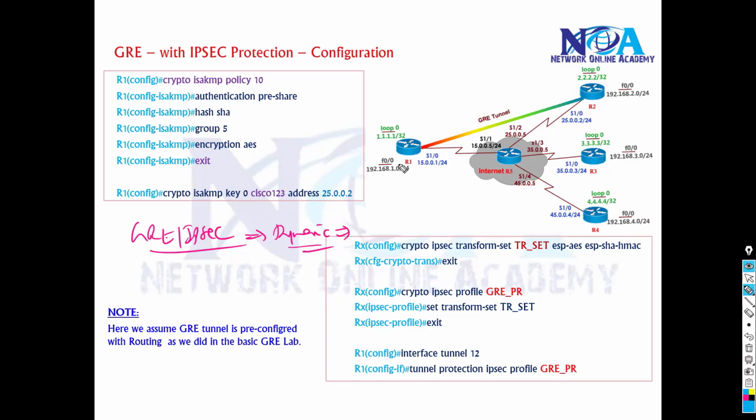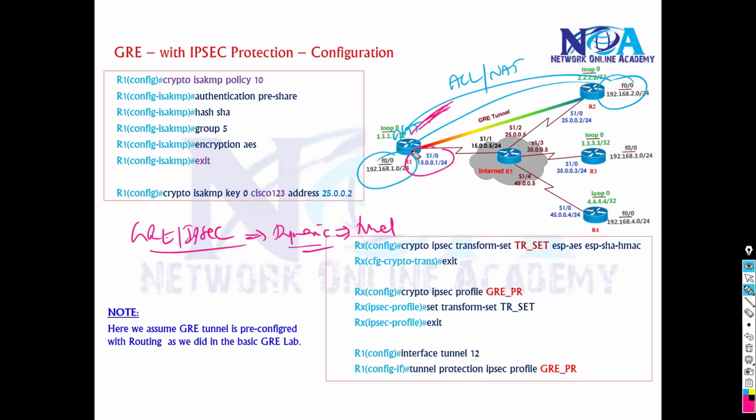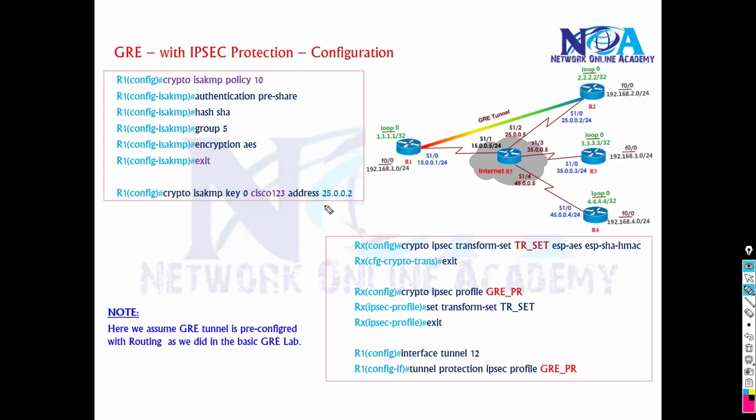Because most of the time it's very difficult to provide end-to-end reachability in the form of ACLs. And again, if you have a NAT configured here, then there will be NAT exemption issues. But if you're using tunnel-based VPNs, there is a logical tunnel created, so there's a logical separation between them. That makes your job much easier.